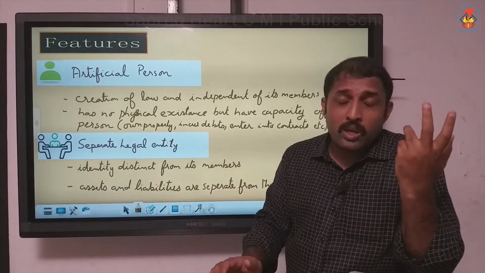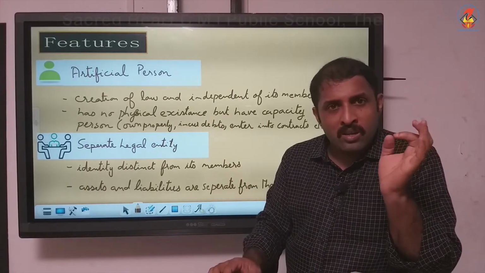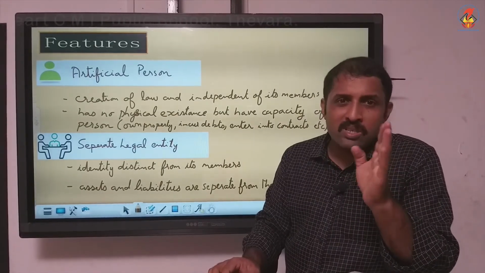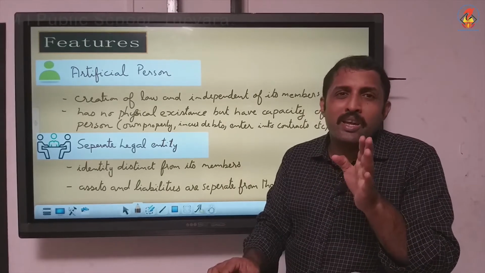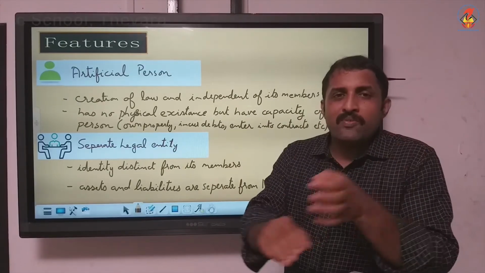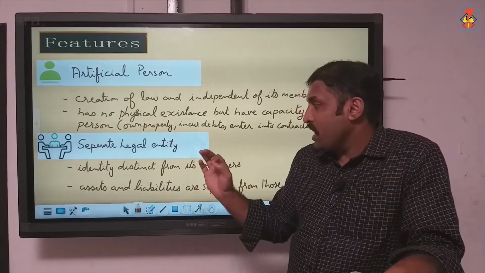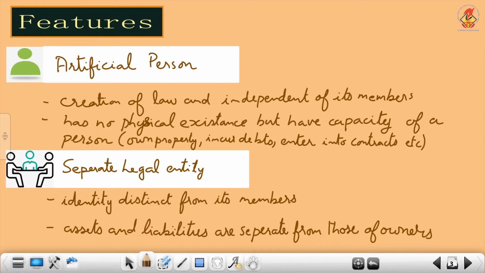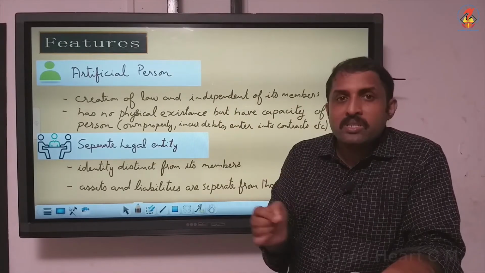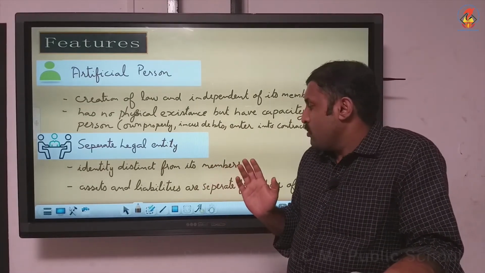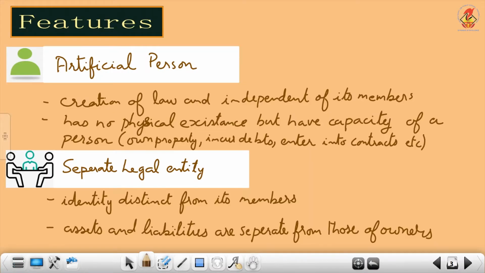In sole proprietorship, we said that business is equal to businessman. Here, business is not equal to the person who is carrying out business. Business is different. The persons who have contributed, the owners, are different. That is what is meant by identity distinct from its members. The identity of the company is different from its members. It cannot be considered equal to its members. Company is company, members are members. Both are different. And assets and liabilities are separate from those of owners.